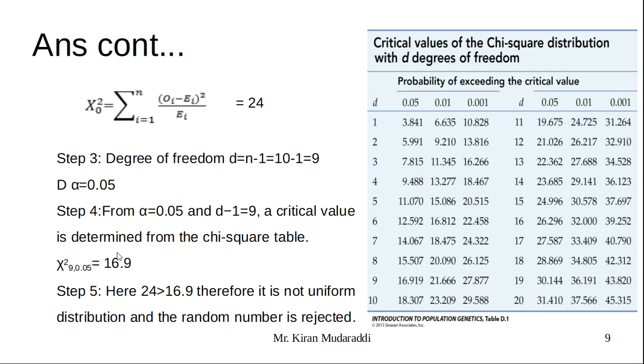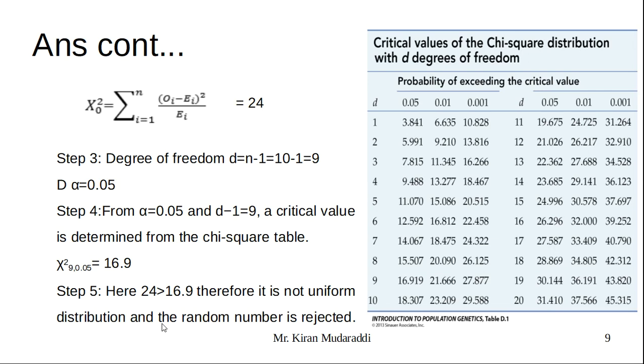So my critical value is 16.919. I'm comparing it with the calculated value. Here it is not less than that, it is greater than. So therefore it is not uniformly distributed and the random numbers are rejected. If it is less than, it is going to be accepted, otherwise it is rejected.